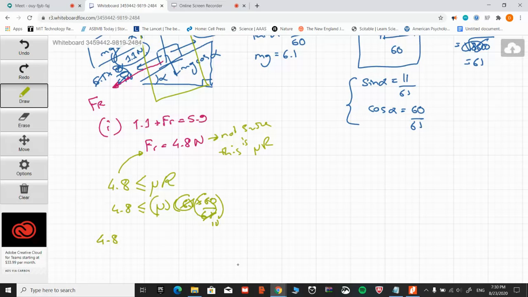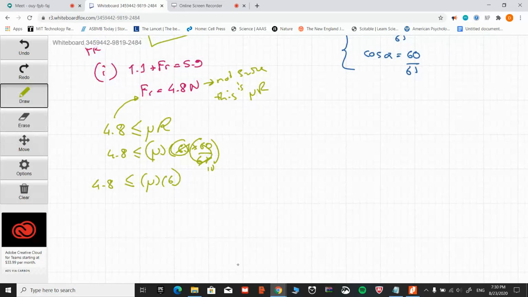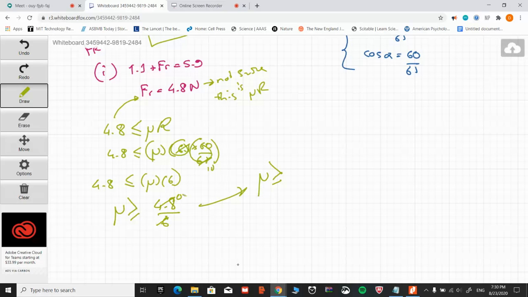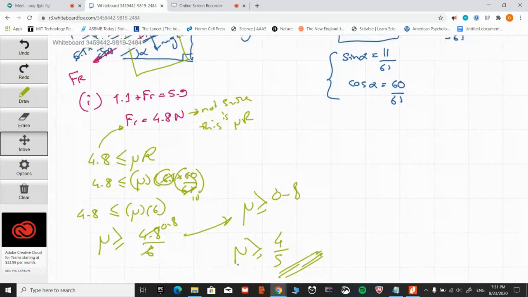So 4.8 is less than or equal to mu into 6. And when you do the math, and if you make mu the subject, you'll see that it boils down to 4.8 divided by 6. If you change it to whole numbers, 48 by 60, it's 0.8, and 0.8 in fractions is 4 by 5. So this is how you solve it.